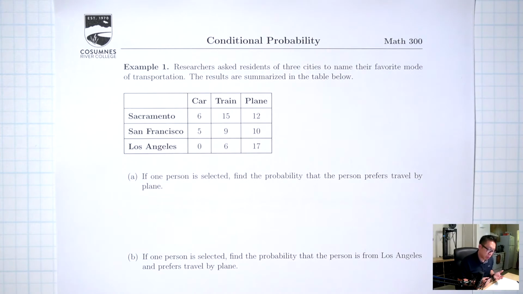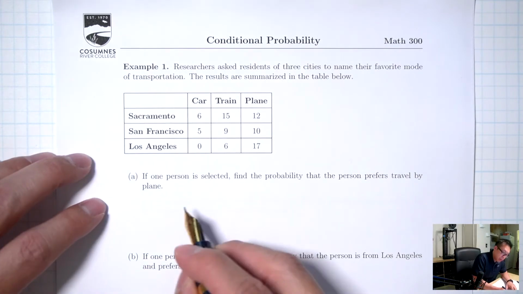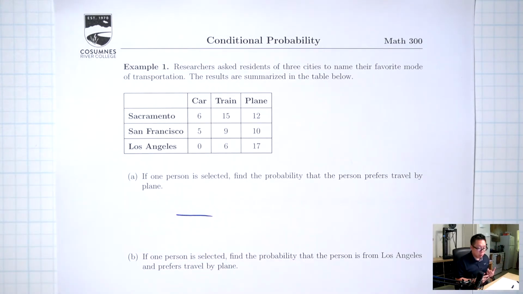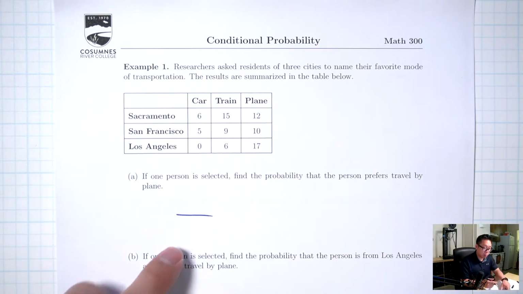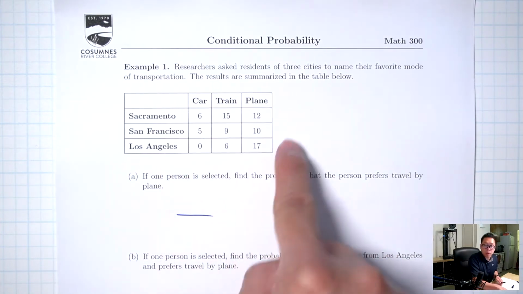Part A. If one person is selected, find a probability that the person prefers travel by plane. Probability is going to be a fraction. We're talking about picking people here. So for the bottom, how many different people could I pick? That's really just asking how many people there are total.